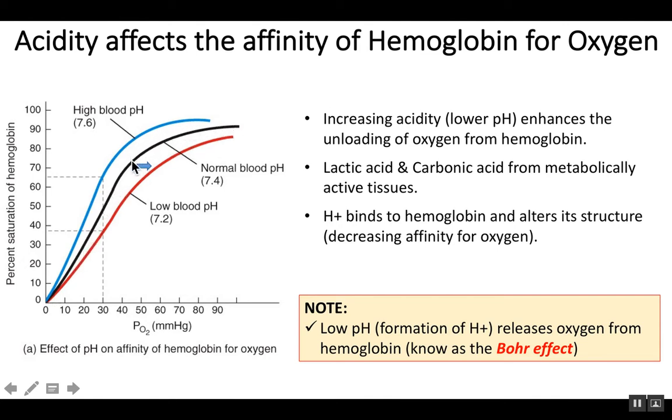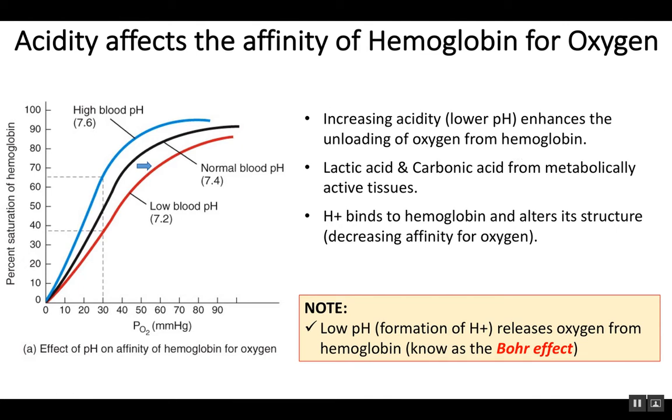Notice that it can shift to the right when the pH drops, acidity. It'll shift to the left if the pH goes up, alkalinity, or a basic environment. So what does this mean? It means that if we increase the acidity, it'll enhance the unloading of oxygen from hemoglobin.